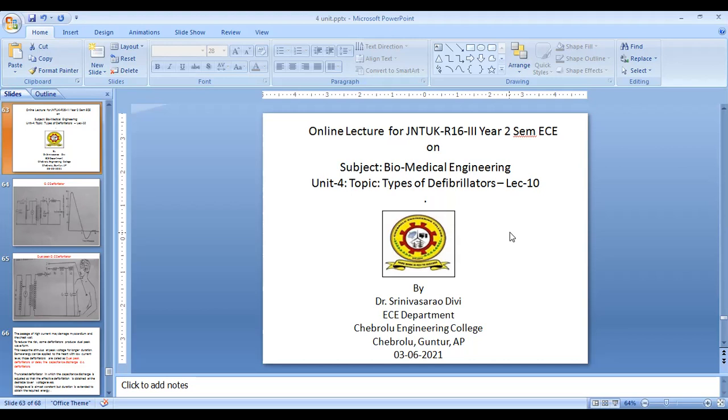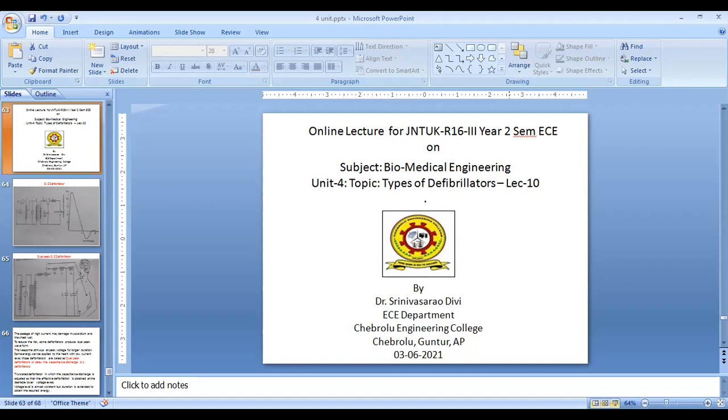Depending upon the type of signals applied, they are classified as square pulse defibrillators, double square pulse defibrillators, and biphasic DC defibrillators.